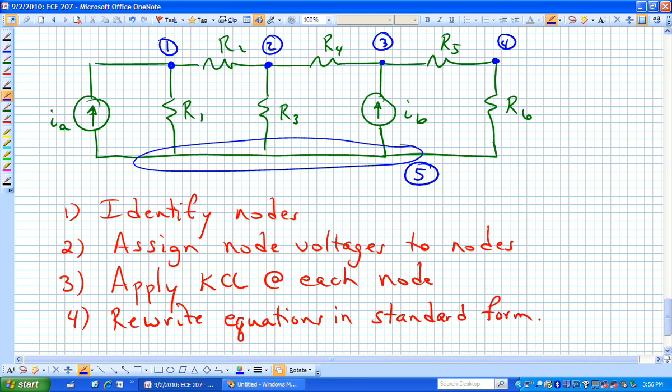Meaning, here, to be consistent with the way that we've labeled the nodes, let's call this V1, which is the voltage dropped between node 1 and that reference node number 5. If you took a voltmeter and put it across those 2 points, you would measure V sub 1.